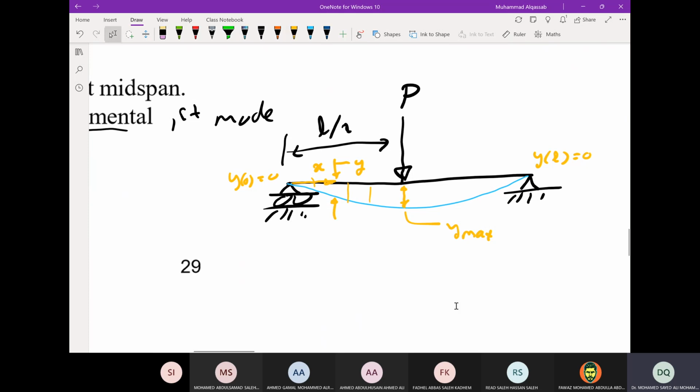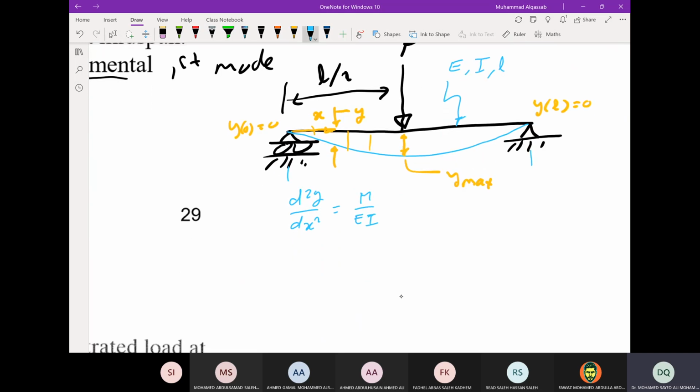And you can find the deflection using d squared Y by dx squared equal to, what is the equation? M over EI, right? The beam has elasticity E and moment of inertia I, and the length from end to end is L. And you can find the deflection from this equation.